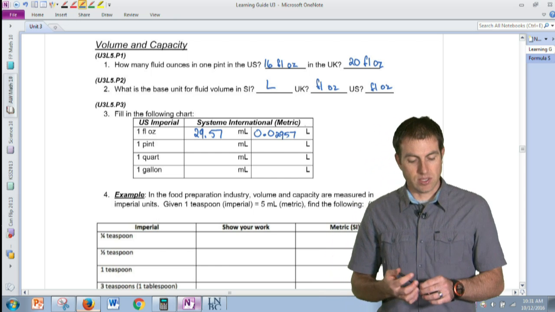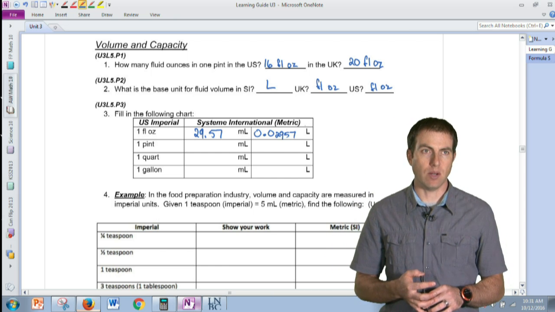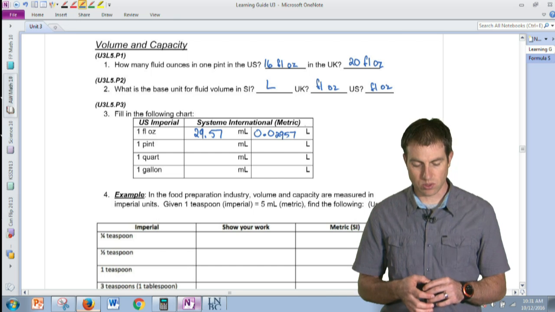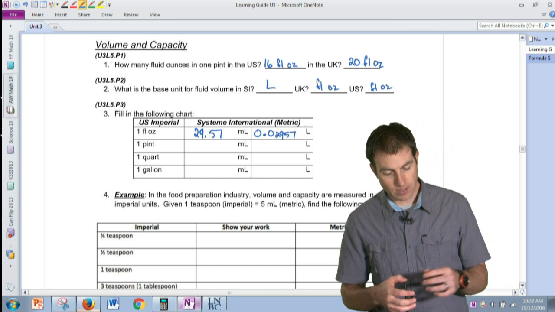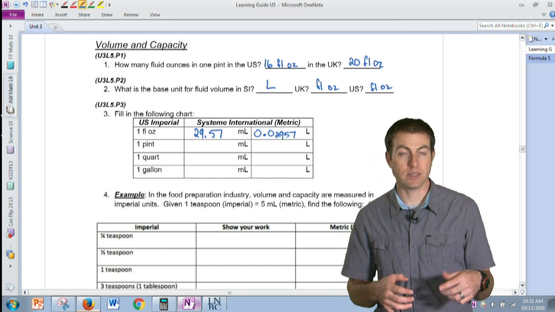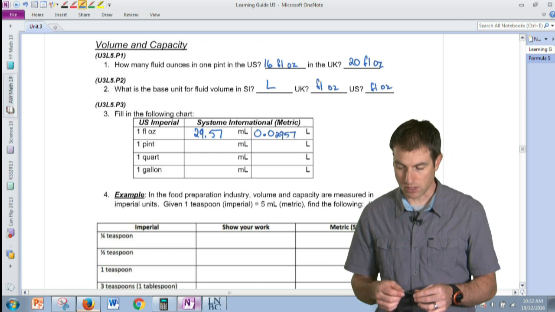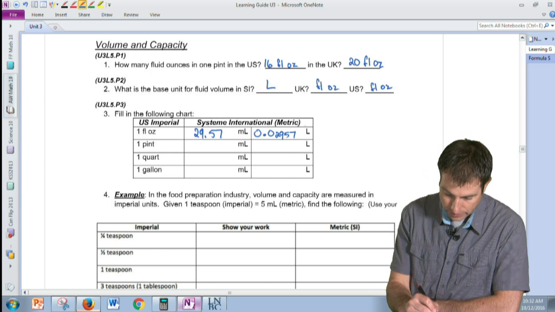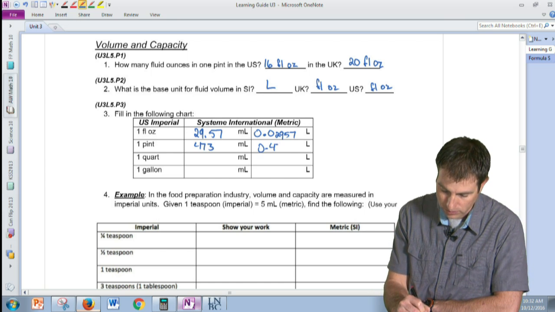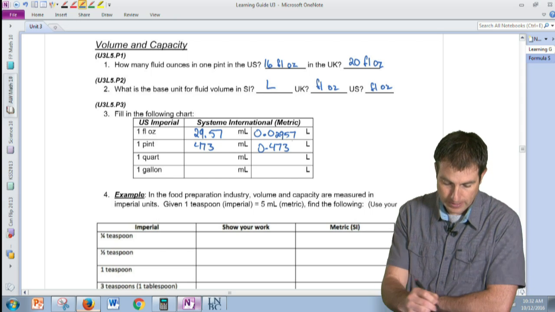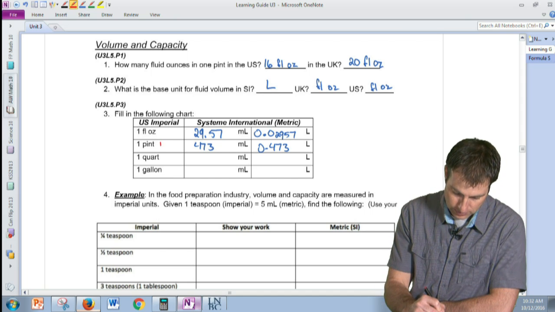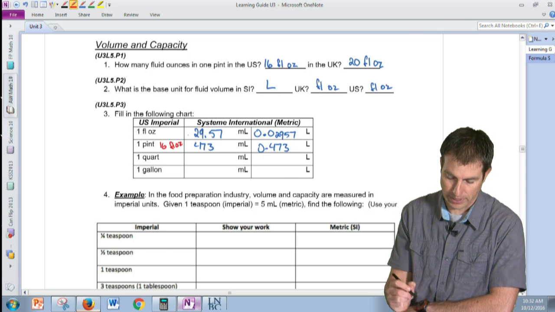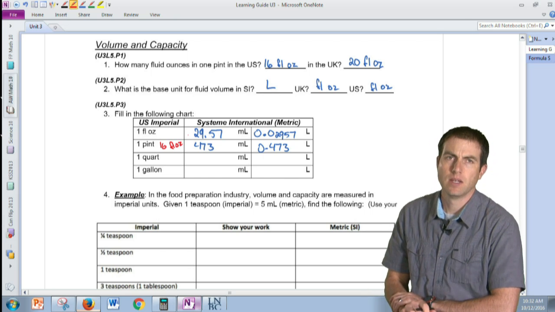And then in the US system, they have something called a pint, which is 16 fluid ounces. So to get from a fluid ounce to a pint, you just multiply by 16. So 29.57 times 16 is 473 milliliters, or 0.473 liters. I could put this in here. This is 16 fluid ounces, just to remind ourselves what a pint is.